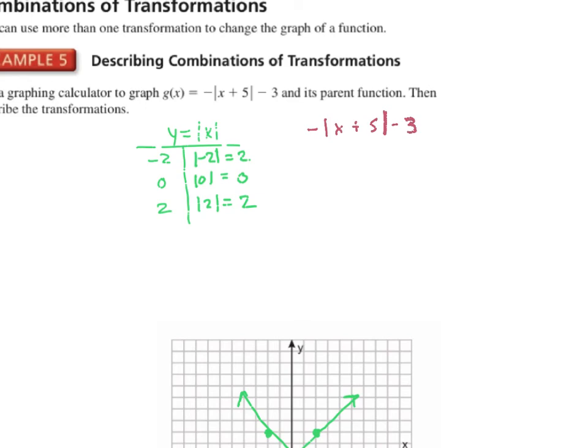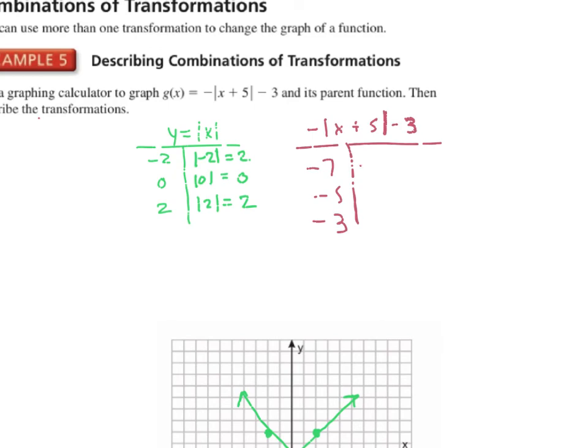And I'm just giving you those as a helpful hint of what to plug in to make it easier, since it says to use a graphing calculator, but we're good enough to graph it on our own. So first we're going to plug in negative 7. So we have negative absolute value of negative 7 plus 5 minus 3.